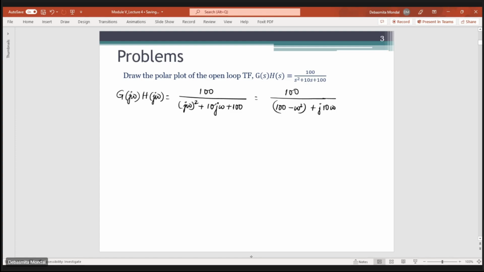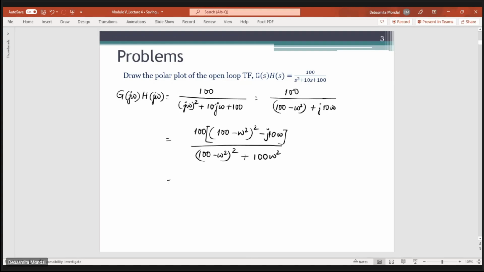Now what we need to do is express this in terms of real part plus j into the imaginary part. So if you want to simply rationalize this one, it will become 100 multiplied by (100 minus omega square) minus j 10 omega, and the denominator will be (100 minus omega square) whole square plus 100 omega square, right?